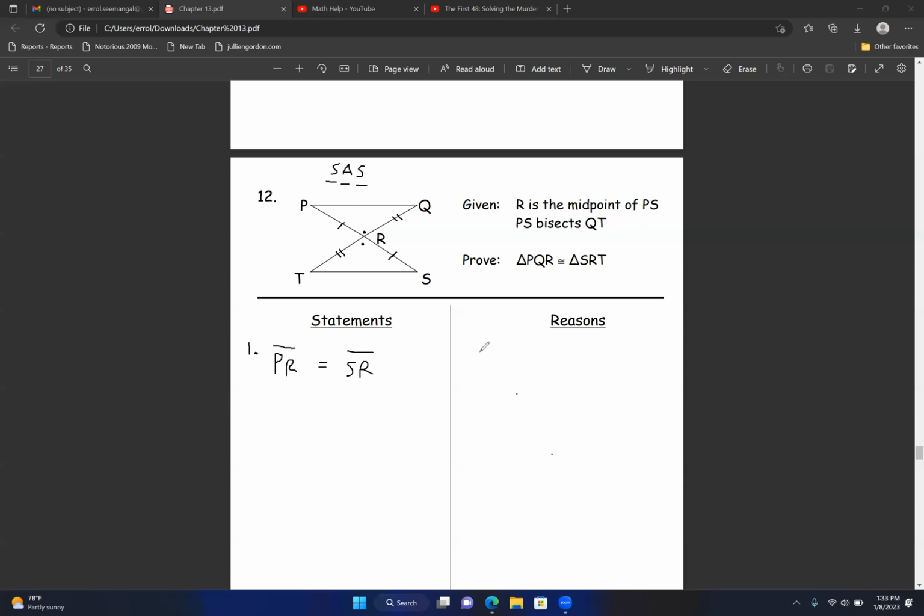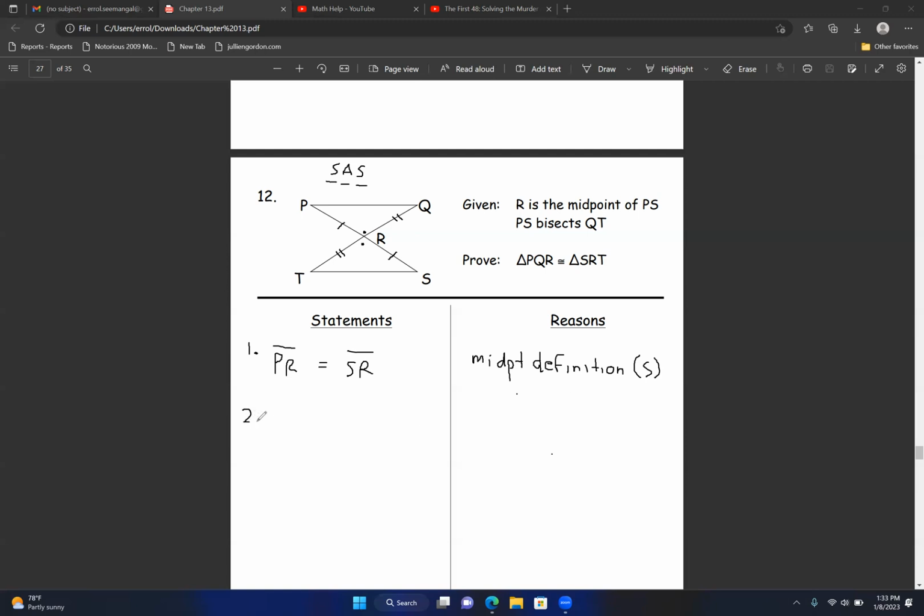Midpoint definition. Yep. And that would be your first side.